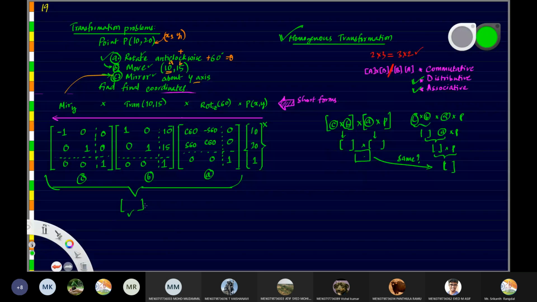So tell me, what is a composite transformation matrix? It's a single matrix that gives the same result as a series of transformations.